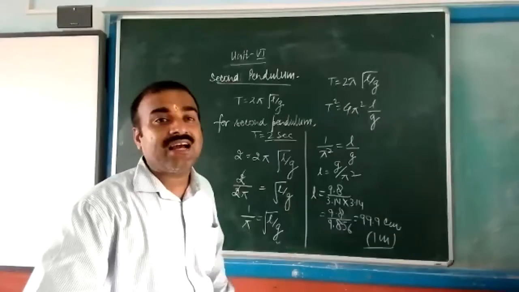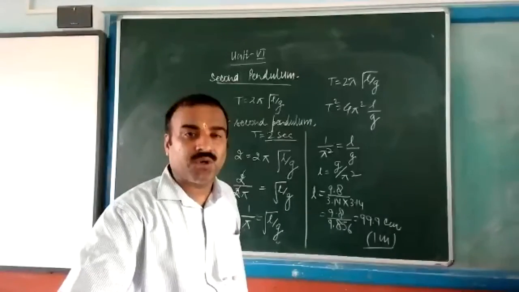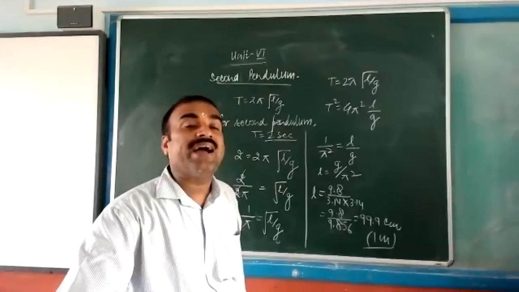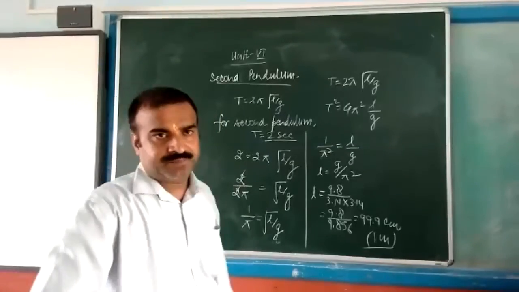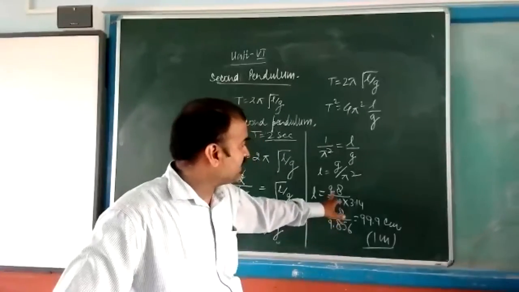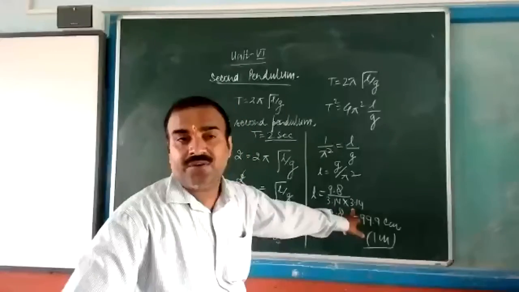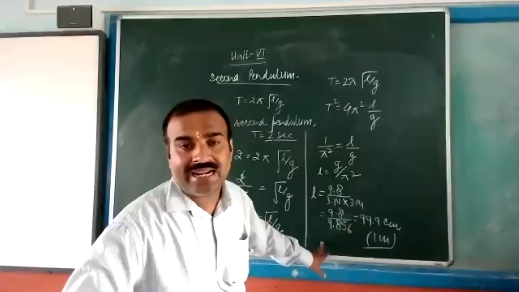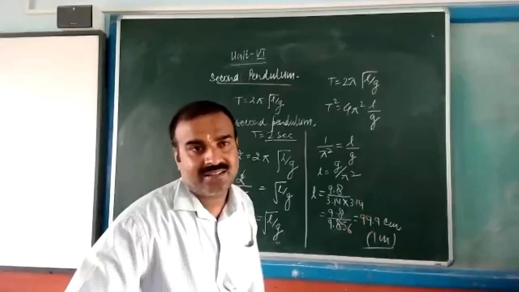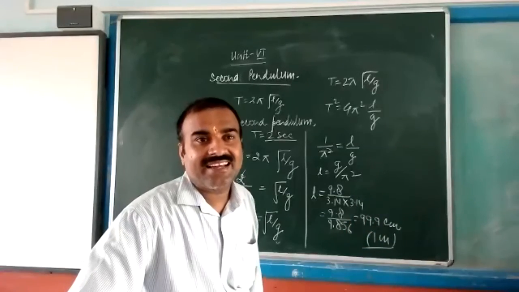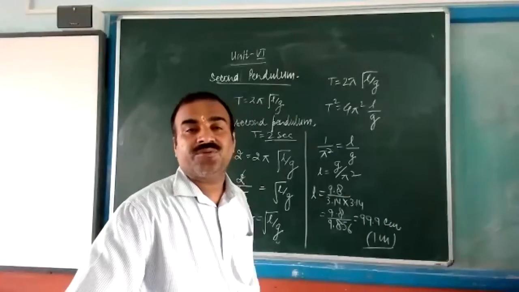Pi square, no? The value of pi is 3.14. Okay, sir. Pi square is 3.14 into 3.14. Sir, after that? After that, this is 9.8 and 3.14 multiply it. You will get 9.856. Divide it. You will get 99.9. Okay, sir. Thank you, sir.